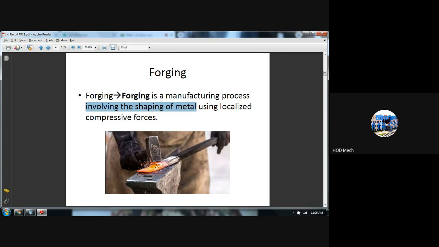Therefore it gets into a deformation state. So it is called the forging process.